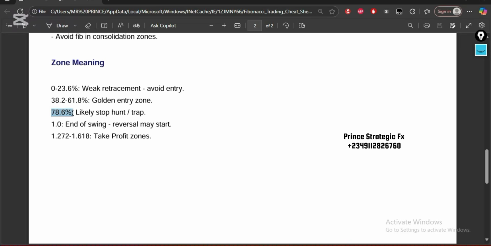Now, the 78.6% level is the likely stop hunt level. You understand? It is the stop hunt level. What I mean by stop hunt is, SMC traders call it liquidity sweep, but for price action, I call it stop hunt.